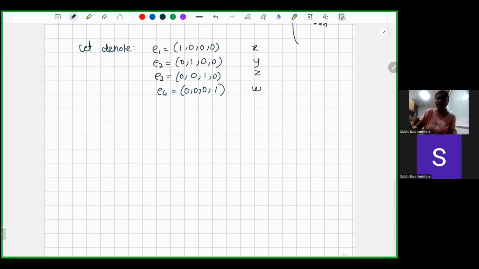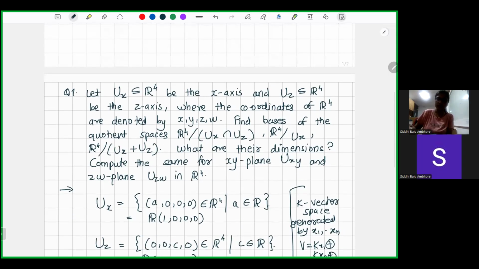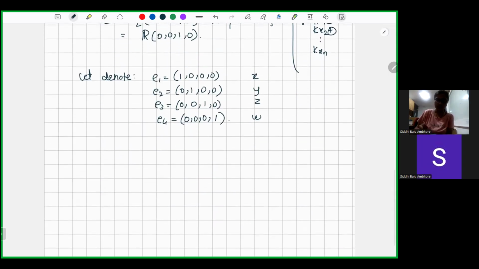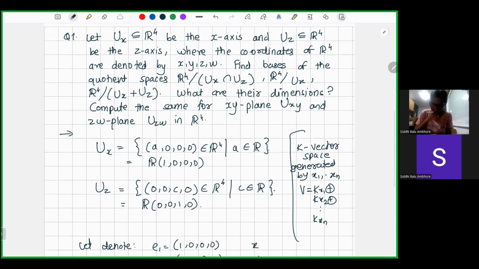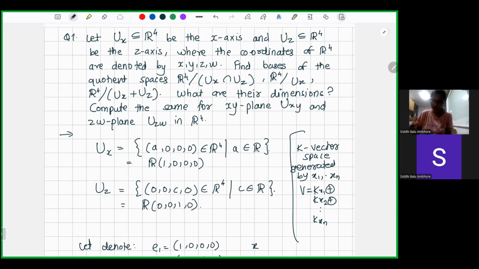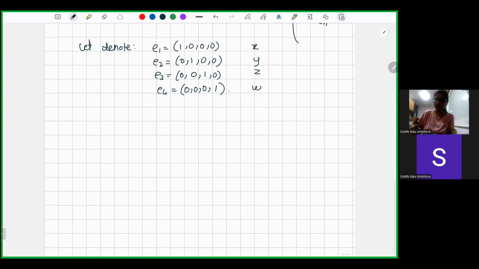E2, E3, E4 is the general way we denote the standard basis in Rn. So let us start with the intersection. We have to do this for the intersection UX and UX plus UZ.